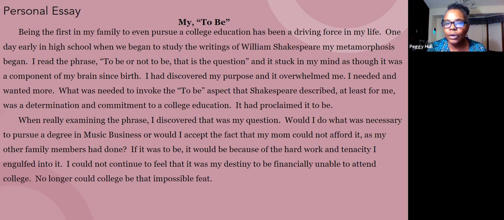What was needed to invoke the 'to be' aspect that Shakespeare described, at least for me, was a determination and a commitment to a college education. It should be, I had proclaimed it to be. When really examining the phrase, I discovered that was my question. Would I do what was necessary to pursue a degree in music business, or would I accept the fact that my mom could not afford it as my other family members had done?